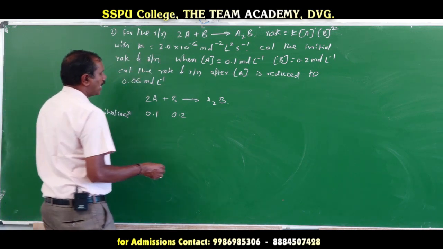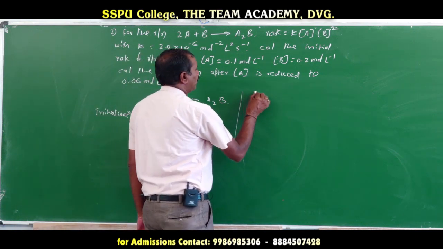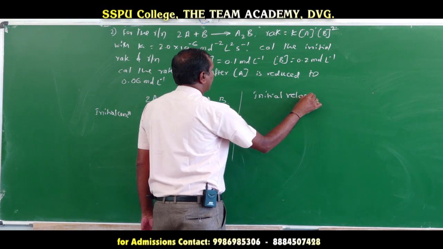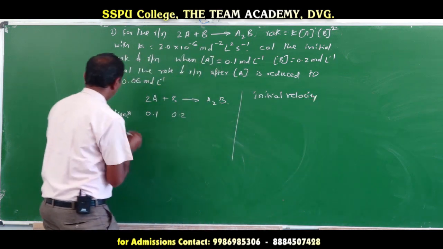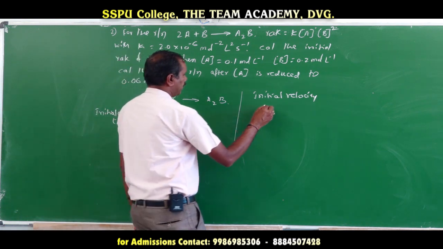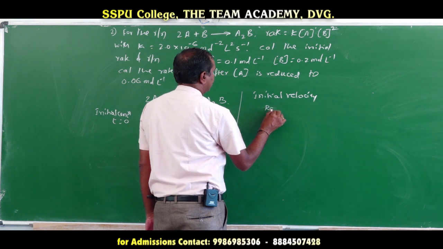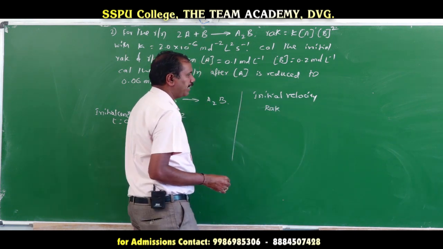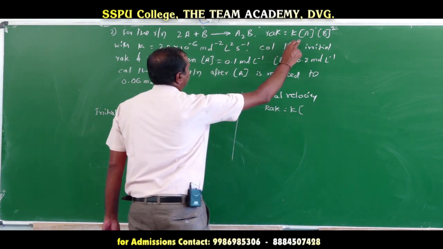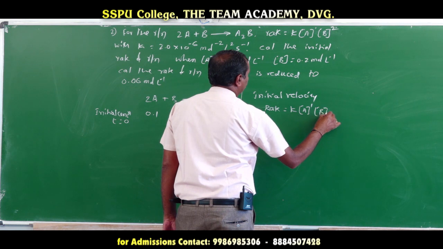Okay. How to calculate the initial rate? Initial velocity is nothing but the velocity at 0 time, when t is 0. So, rate equals, nothing but minus dx by dt, that equals K into A to the power 1, B to the power of 2.